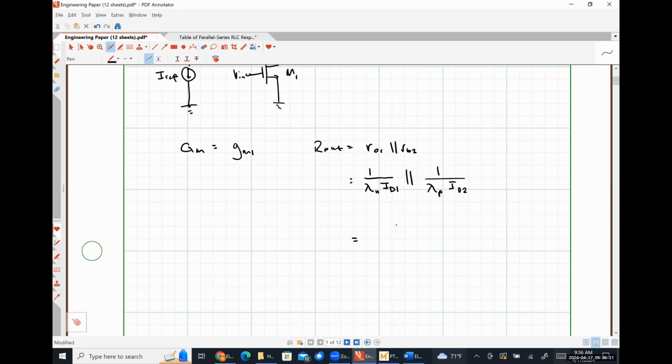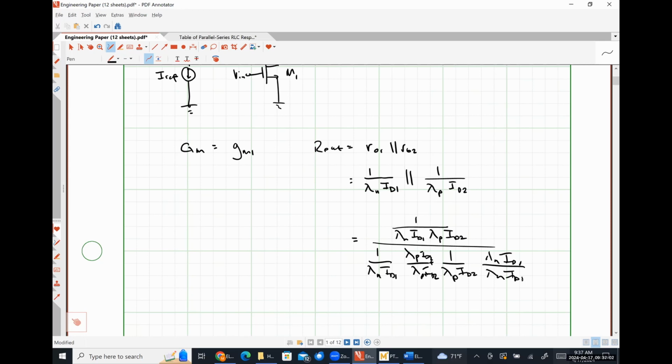So I'm going to multiply those together. So that's going to look like 1 over lambda n ID1, lambda p ID2, all divided by 1 over lambda n ID1 plus 1 over lambda p ID2. I'm giving myself space there. Okay with that? Now I'm going to multiply this guy by lambda p ID2 over lambda p ID2, and this guy over here by lambda n ID1 over lambda n ID1.